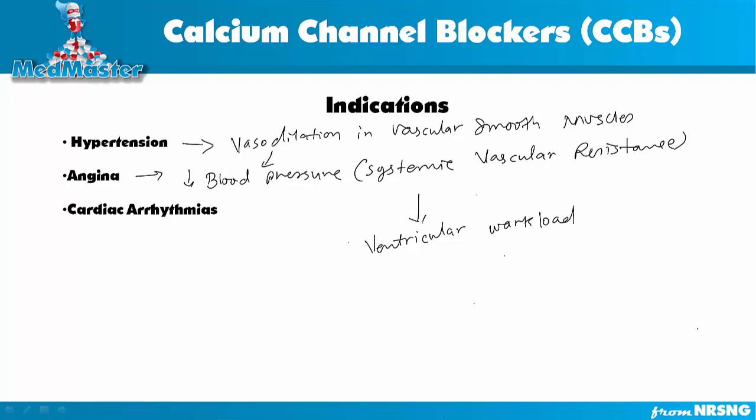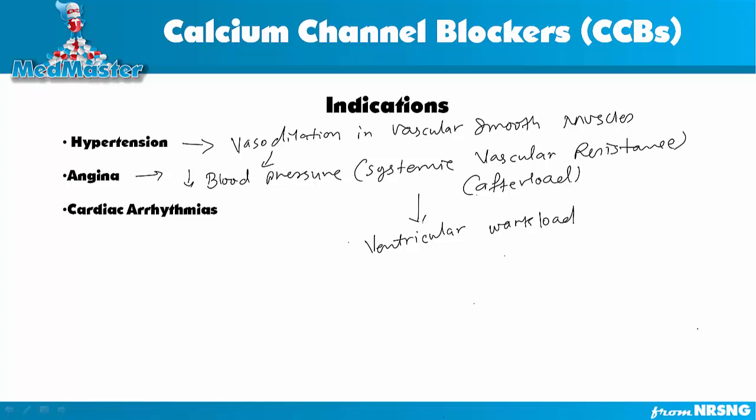You can also say in other terms that it decreases the afterload, which is basically the systemic vascular resistance. If the blood pressure is high, the afterload is going to be high, which means the ventricle will have to contract with really high force and use a lot of energy to overcome that blood pressure and pump blood out of the ventricles.